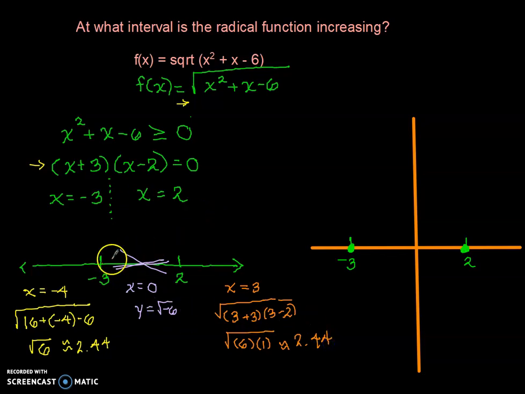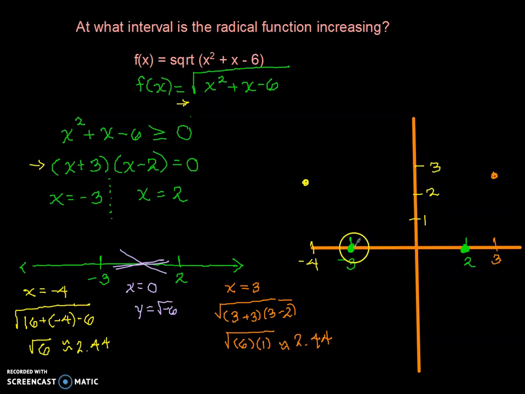Okay, so I know that when x is, I'm going to color coordinate here. I know that when x is negative 4, the y value is about 2.44. So right there. We know nothing here is being used. And when x is 3, the point is also around 2.44.